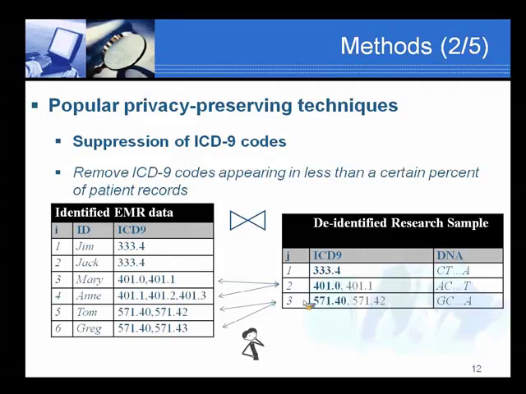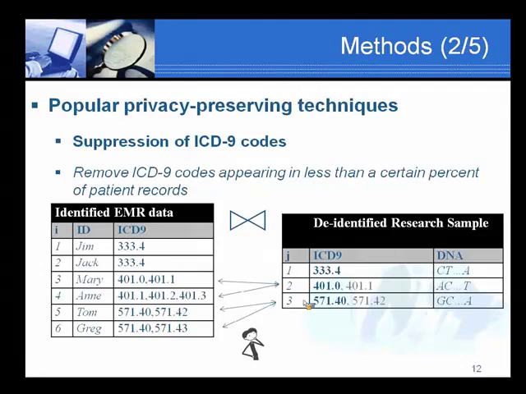In our setting, suppression involves the removal of diagnosis codes that appear infrequently in the sample we want to release. For example, before releasing the sample on the right, we remove some of the ICD-9 codes, such as the code 401.1 in the second record.